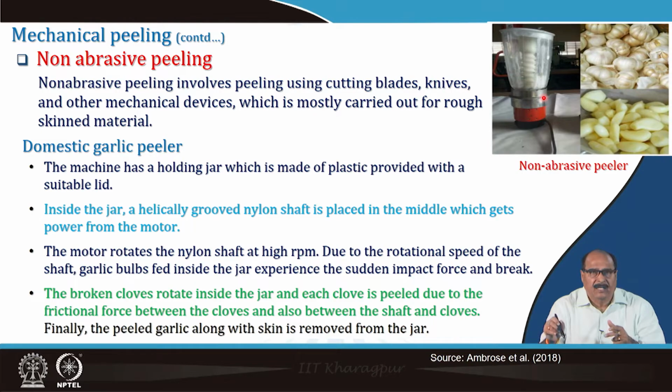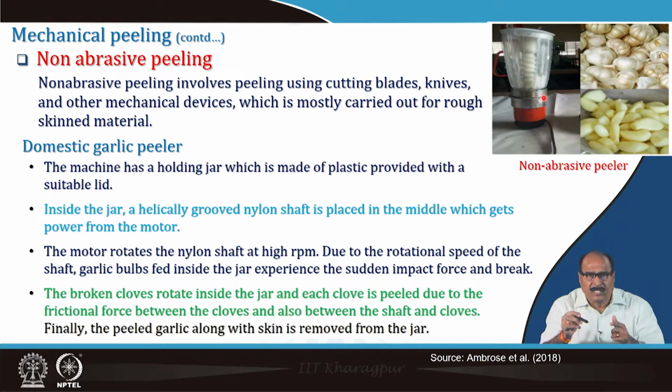This machine has a holding jar which is made of plastic provided with a suitable lid. Inside the jar, a helically grooved nylon shaft is placed in the middle which gets power from the motor. Okay. The motor rotates the nylon shaft at a high RPM.